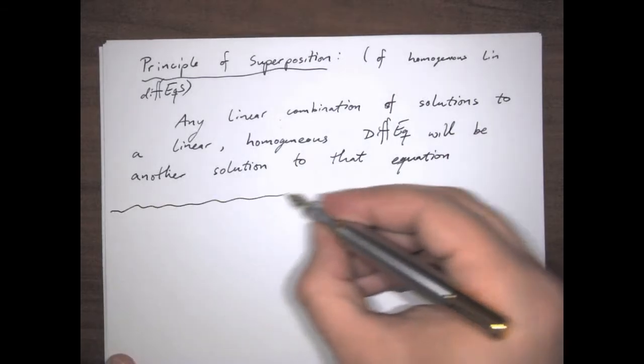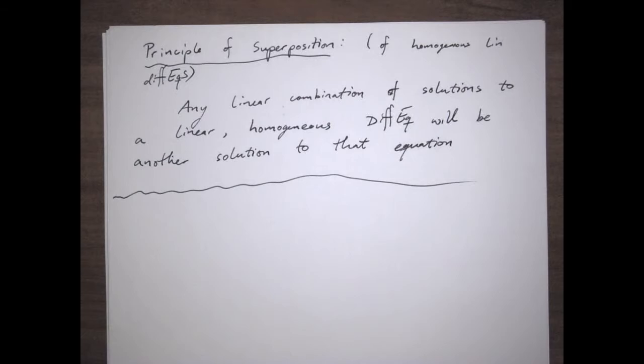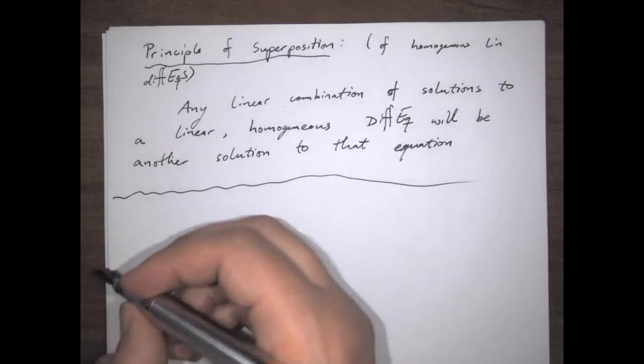So in other words, the solutions to the homogeneous linear differential equations of order n are in fact the vector space that we previously hinted that they would be.